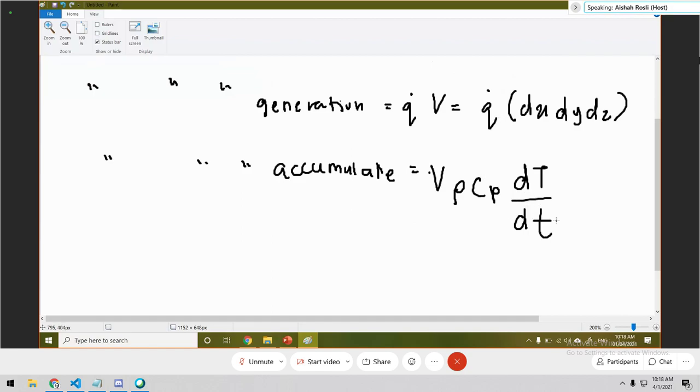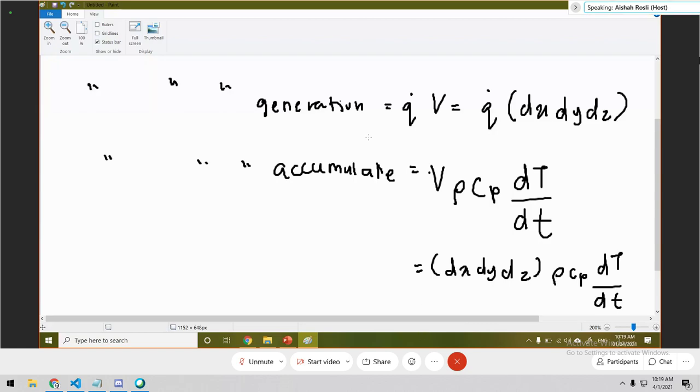Again, we are talking about the change in temperature in terms of time. As time flows, we want to know how the temperature changes. So again, the volume will be dx dy dz times rho Cp times dT over dt.